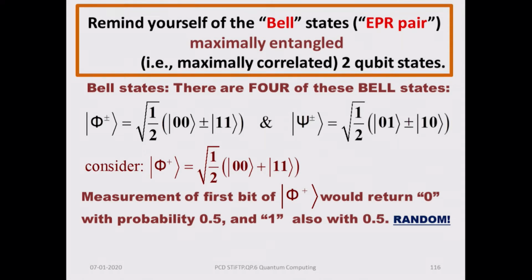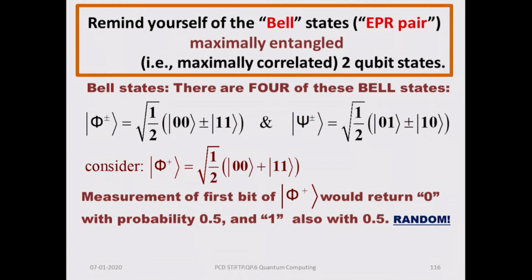So, the chance that a measurement will return the value 0 is only 0.5. The chance that it will return a value 1 is also 0.5. So, the opposite, which is 0 and 1, have equal probability. It is very random. Okay.